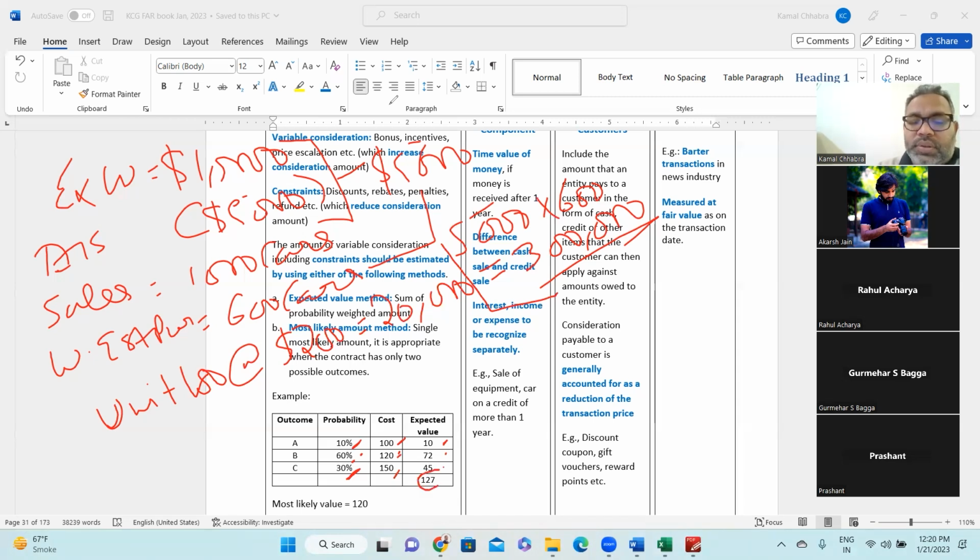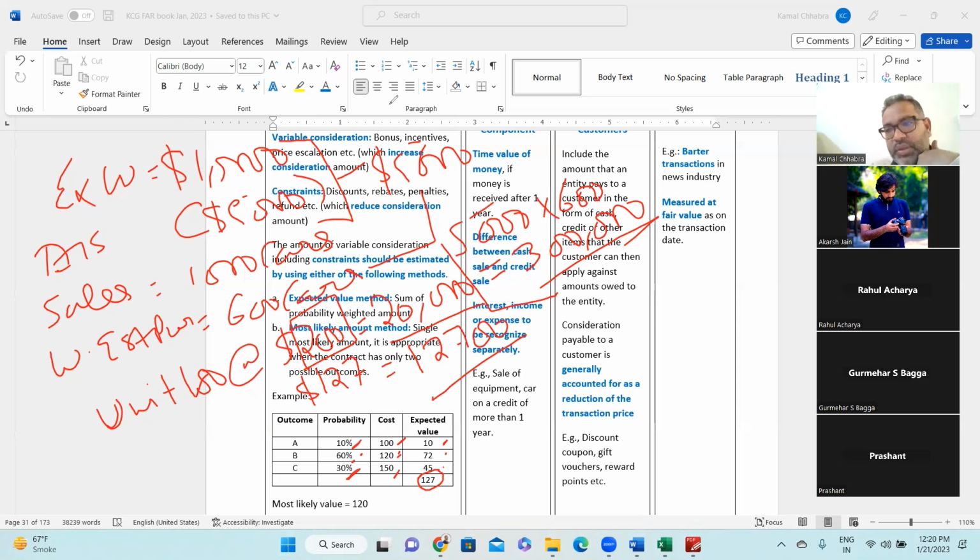If you sum up all, it is $127. So instead of $200, you will be recognizing $127 each. Your total revenue will be recognized as 12,700 instead of 20,000. That is called the expected value method.